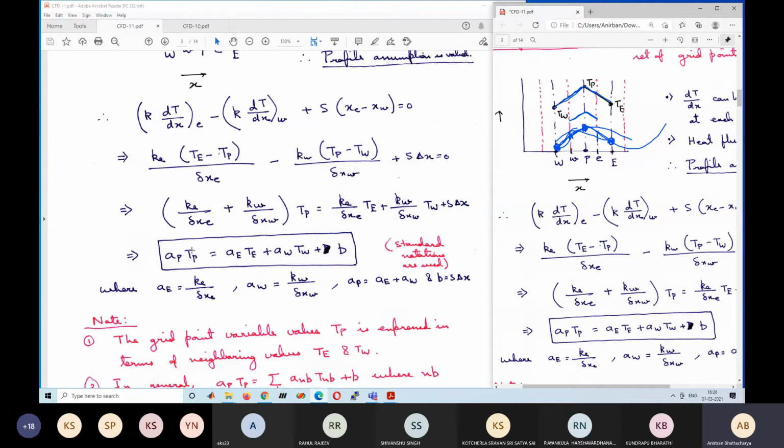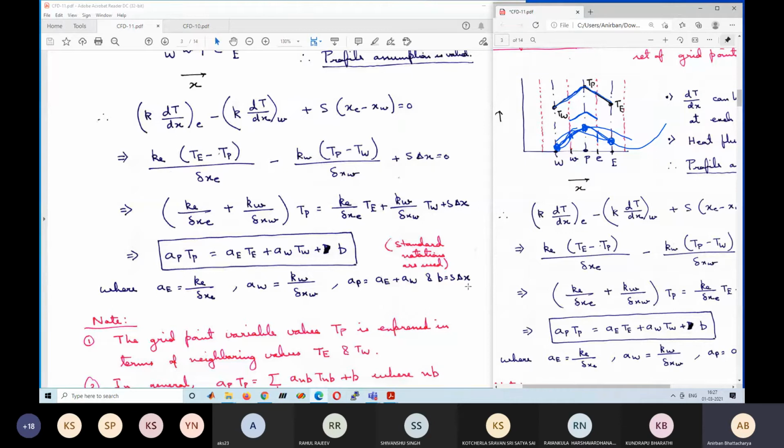The unknown temperature at each of the grid points. These coefficients AP, AE, AW and B are known. AE is KE by delta XE, AW is KW by delta XW, AP is equal to AE plus AW, and B is S into delta X.